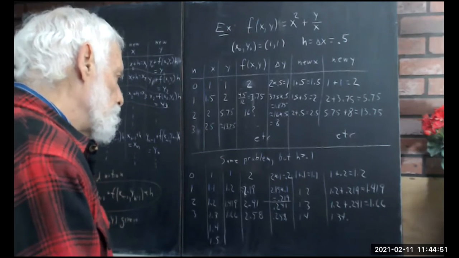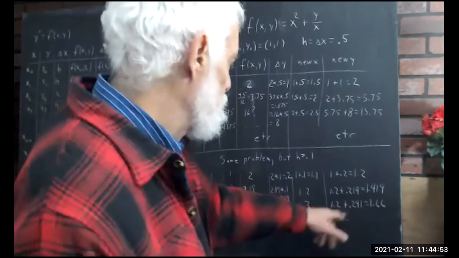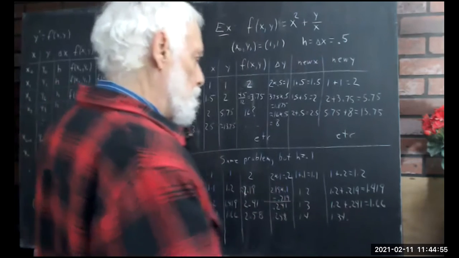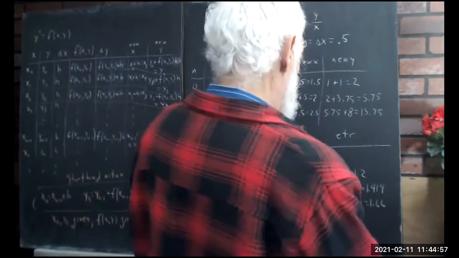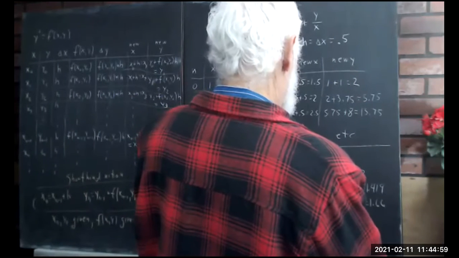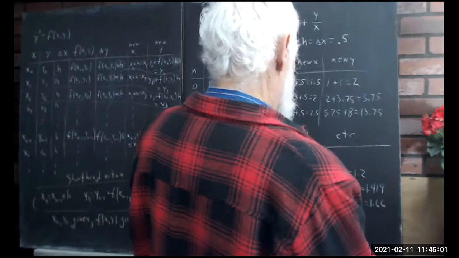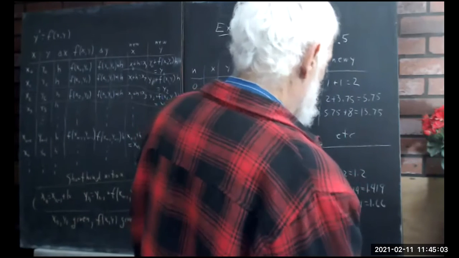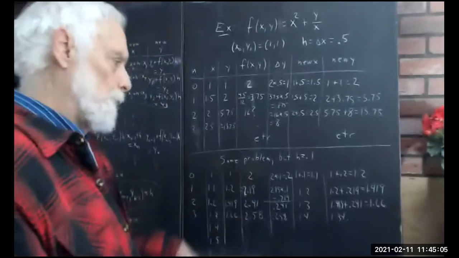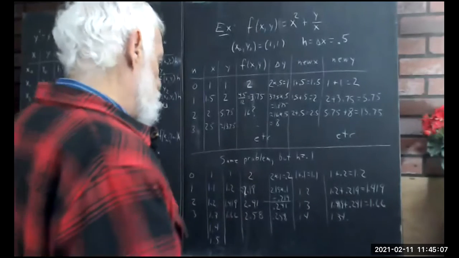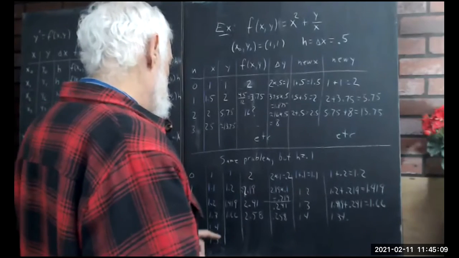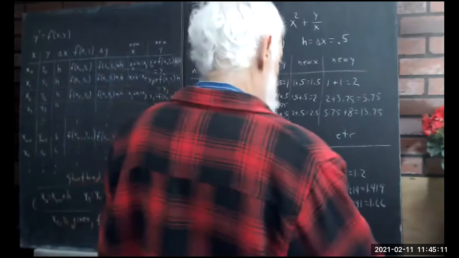Well, I screwed up. I added this to 1.2. I should add it to 1.419. But that's apparently what I did. I wrote down 1.2, but I added 1.419. So, okay, this is going to be my y, which is 1.66.